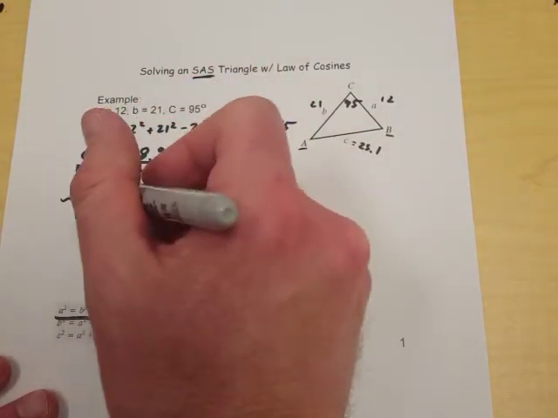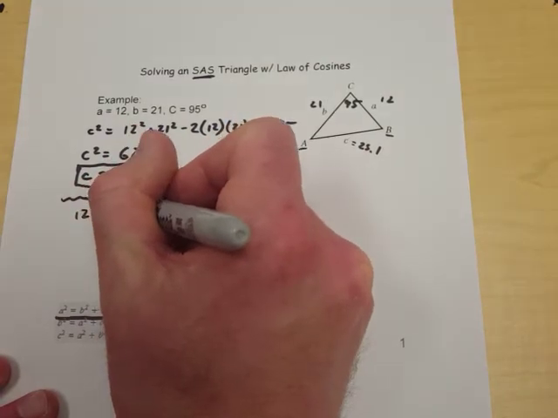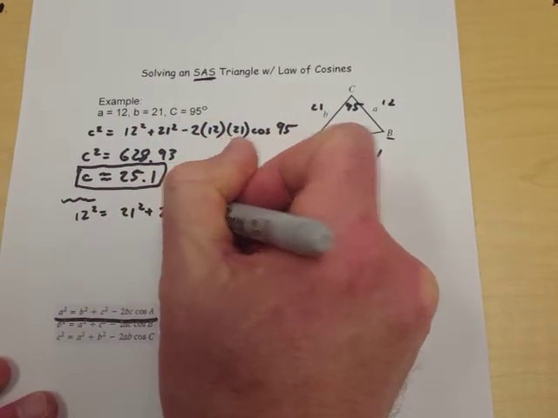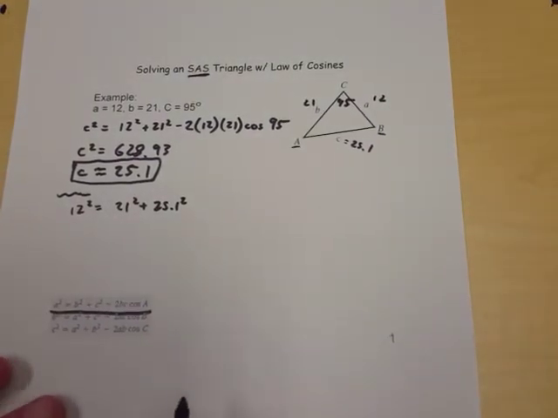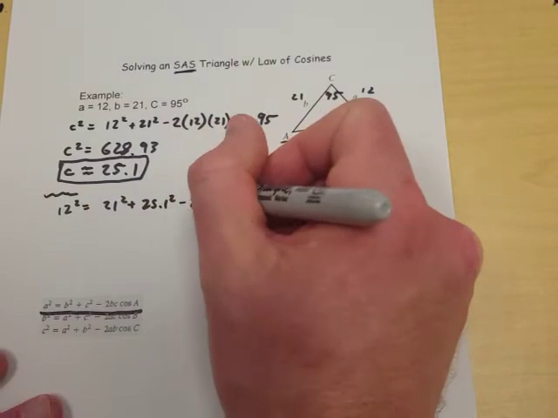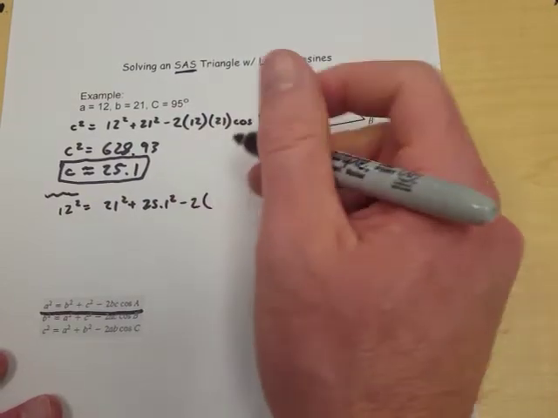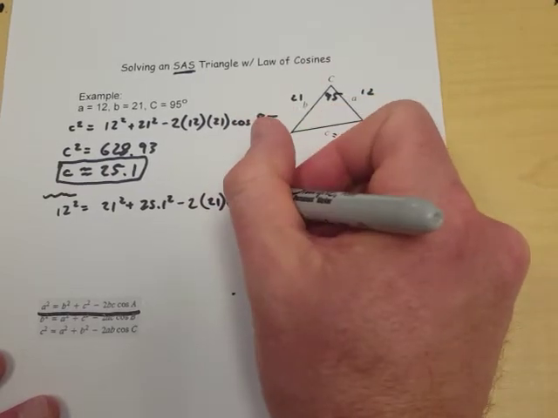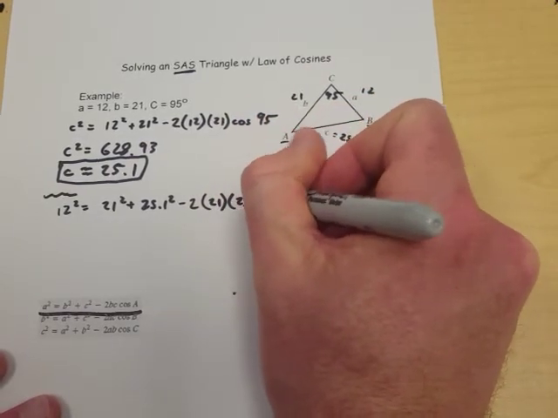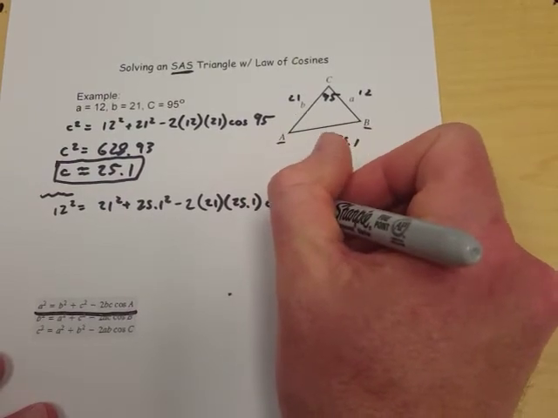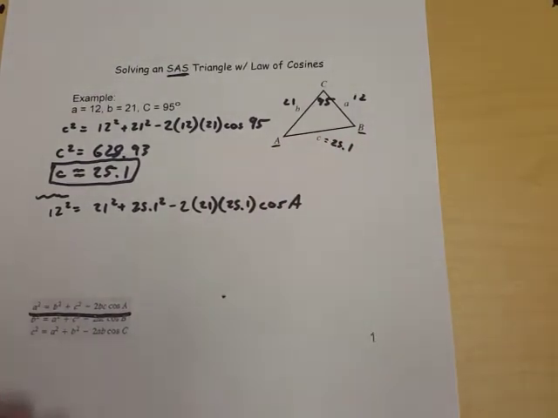So we've got 21 squared plus 25.1 squared. Then we're going to minus 2 times b times c, and then times cosine of A. We don't have A yet in this one. That's what we're trying to find.